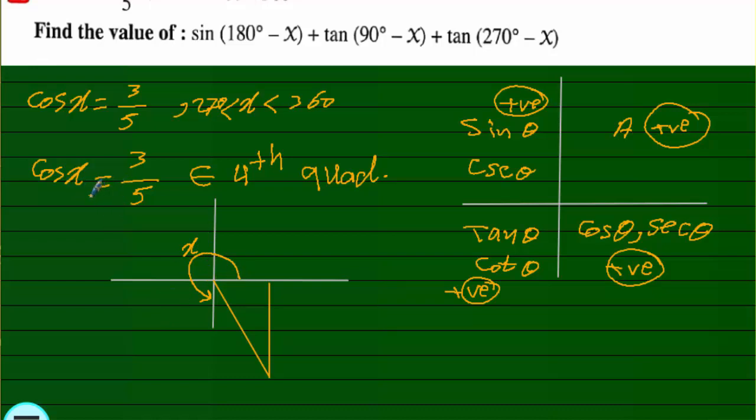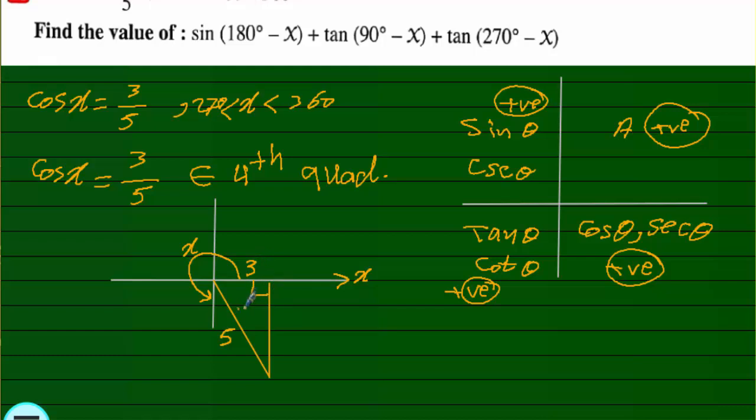Again, back to this ratio. We have cosine x equal to 3 over 5. 5 is the length of the hypotenuse. It is always positive. And the 3 here lies in the positive direction of the x-axis. So it is positive. And the cosine equals adjacent over hypotenuse, 3 over 5. And this angle equals 90 degrees.